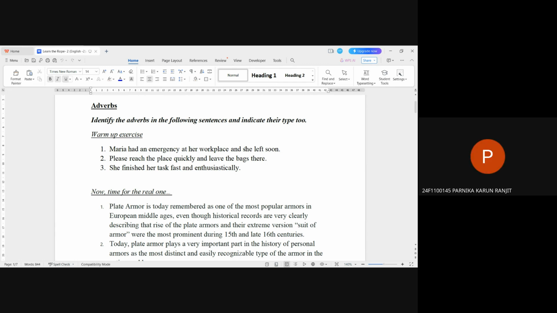I think it's an adverb. You think it's an adverb? Why do you think so? Because of leave it there. It's actually describing the verb leave, right? Leave where? It is describing a verb.